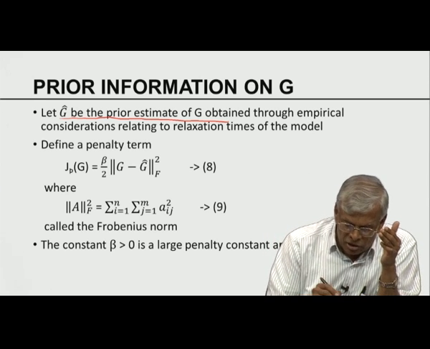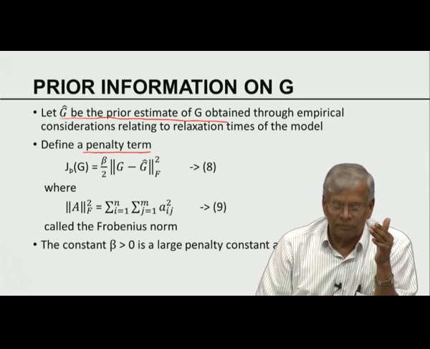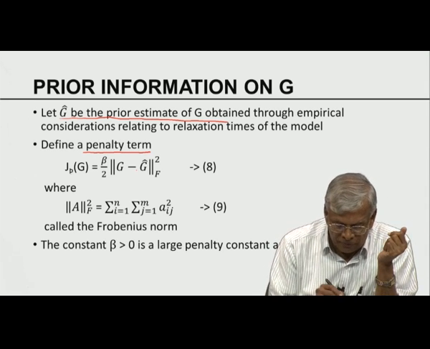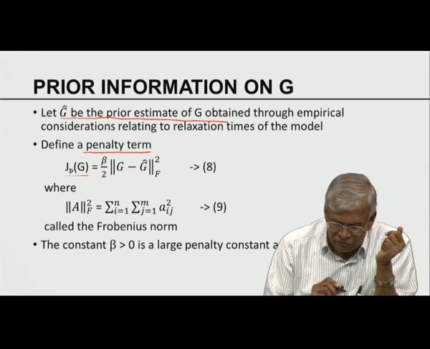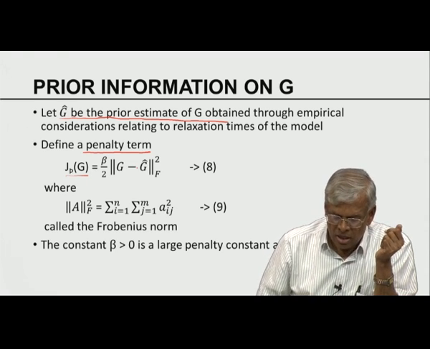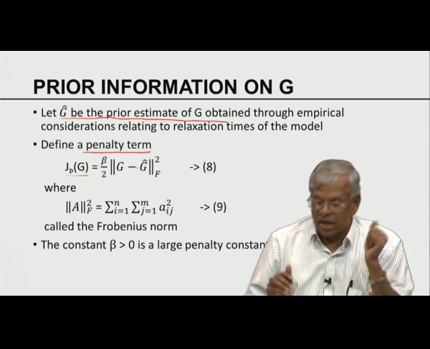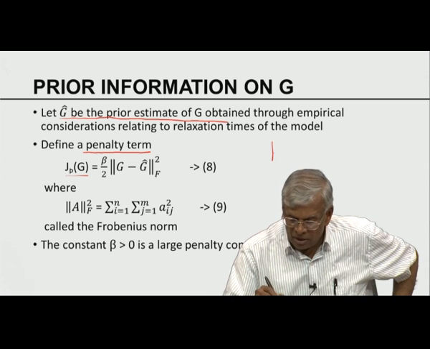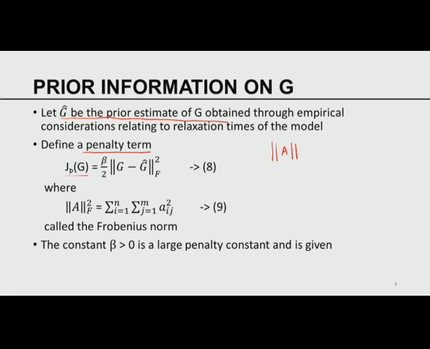The prior term gives rise to what is called a penalty term. The penalty term is as follows: J penalty of G is beta over 2 times the square of the Frobenius norm of G minus G hat. You may recall from our module on matrices, the Frobenius norm squared is the sum of A_ij squared, where the sum is over i and j.